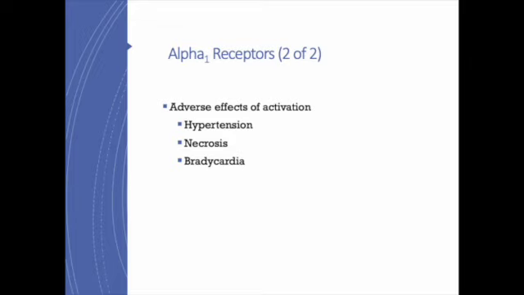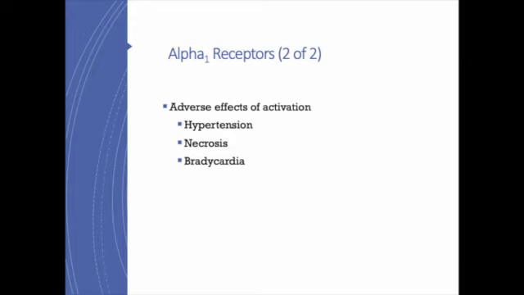IV solutions of alpha 1 agonists can cause necrosis because extravasated solution can seep into the surrounding tissues. This is going to result in necrosis of those tissues, as it blocks the blood flow to the affected areas secondary to the local vasoconstriction.